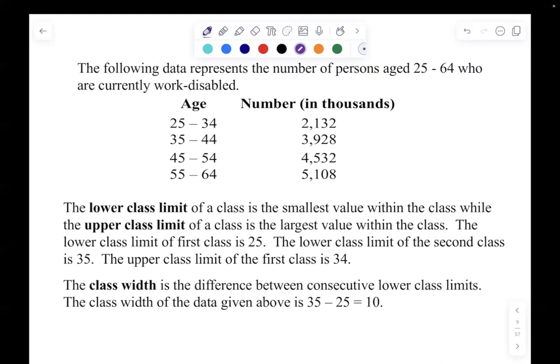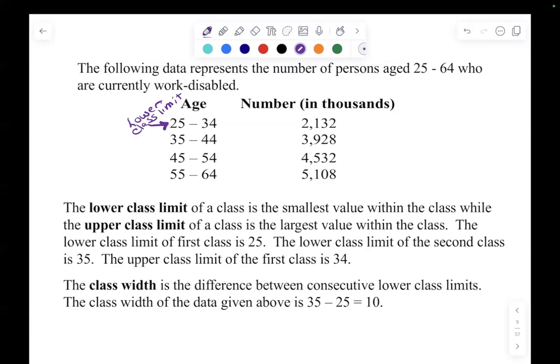This number right here is a lower class limit. The bottom of each of my bins or classes is the lower class limit, so 25, 35, 45, and 55 are all lower class limits.